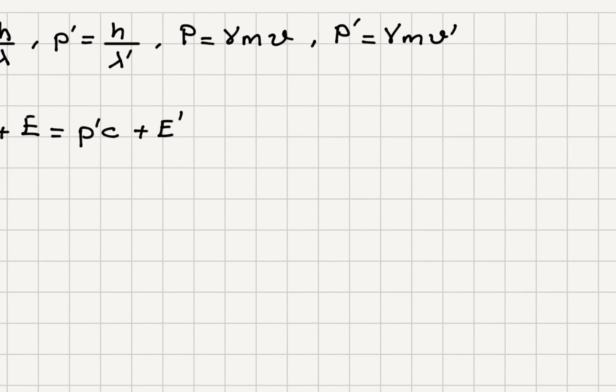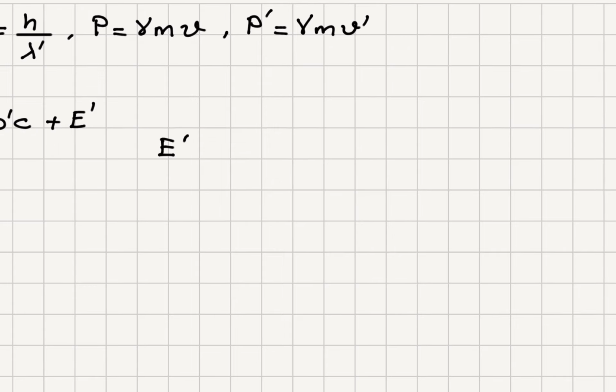And we know that E prime can be written as the square root of capital P prime c squared plus mc squared squared.